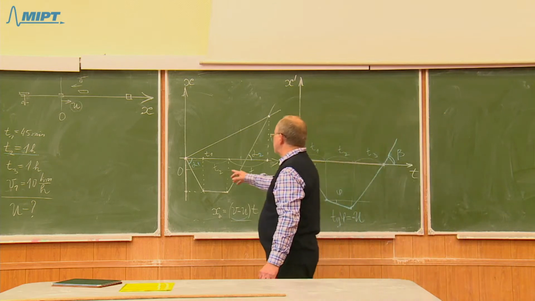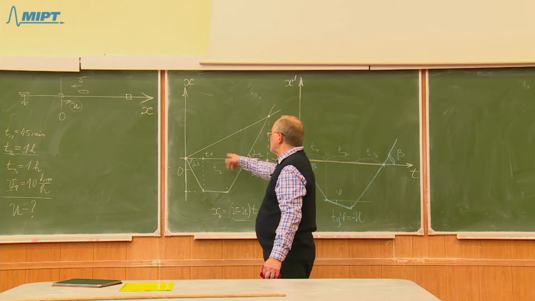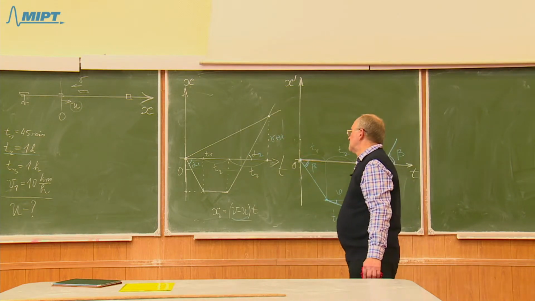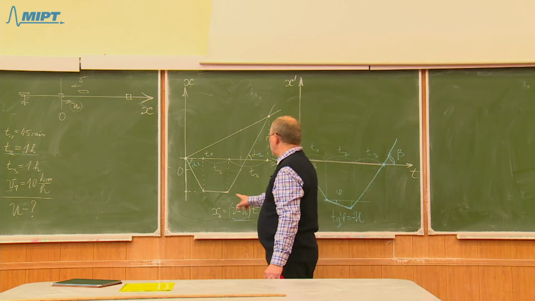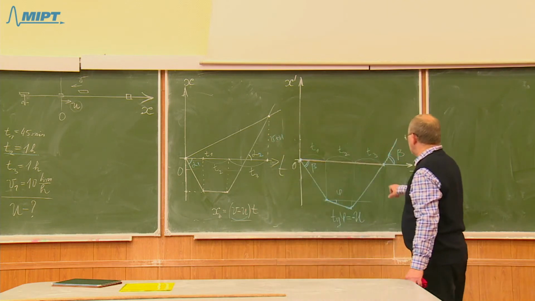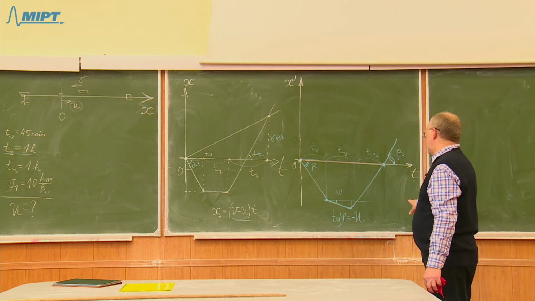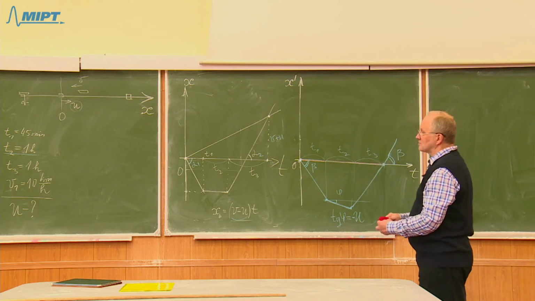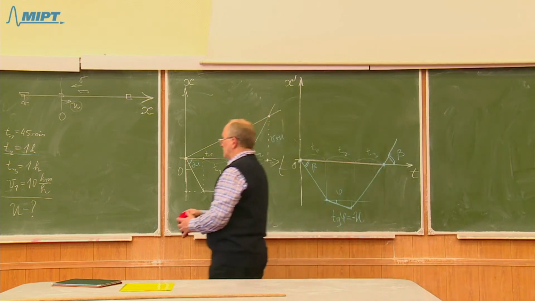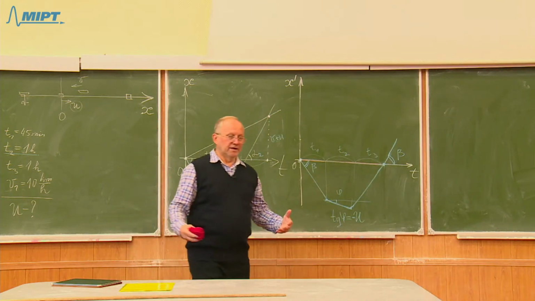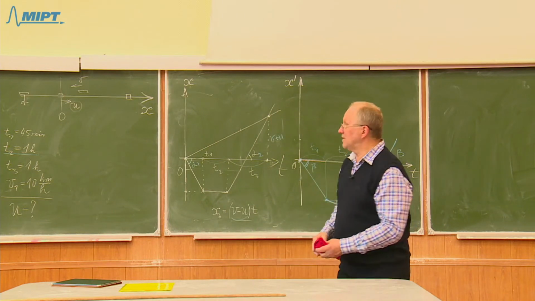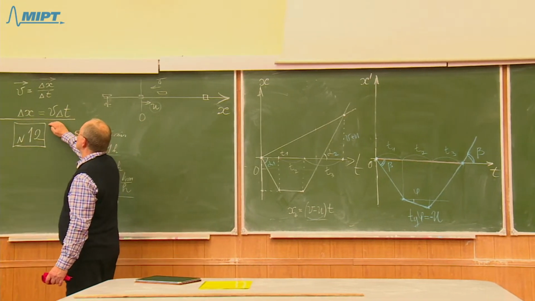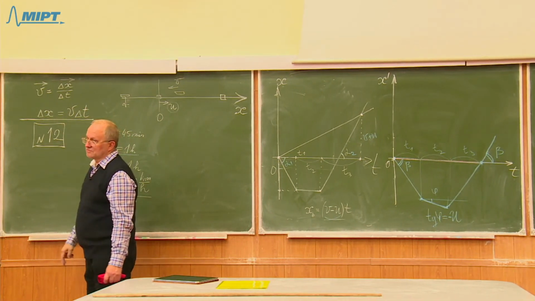While in the other representation, using the frame of reference associated with the ground, it's more difficult to find the solution. While in this reference frame associated with the raft, it's easier to find the solution to this problem. Okay, so upon discussing all these things, I can remind you that we have just discussed uniform motion, the motion with constant velocity.